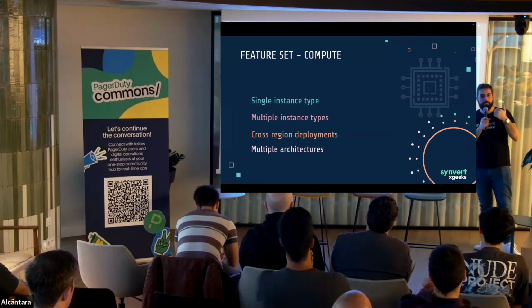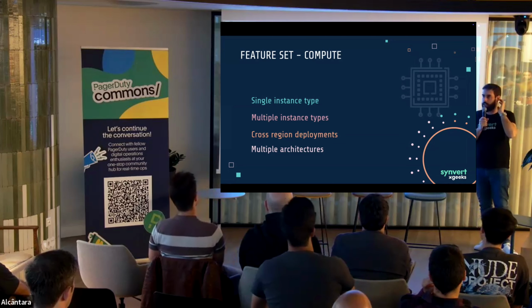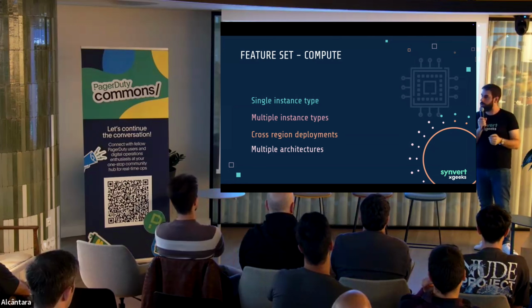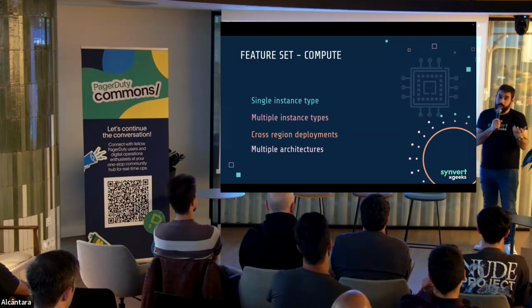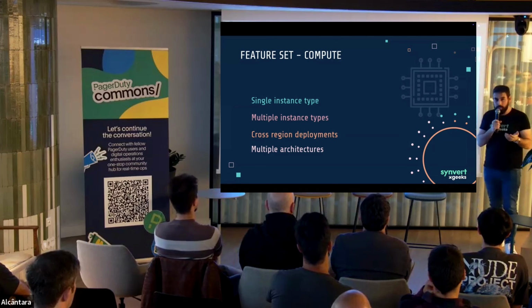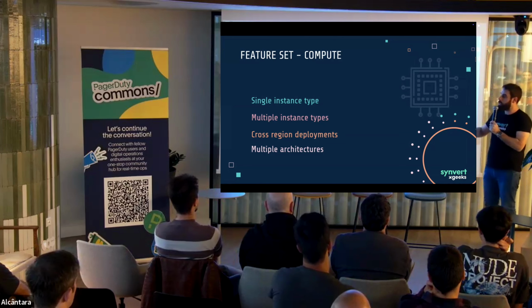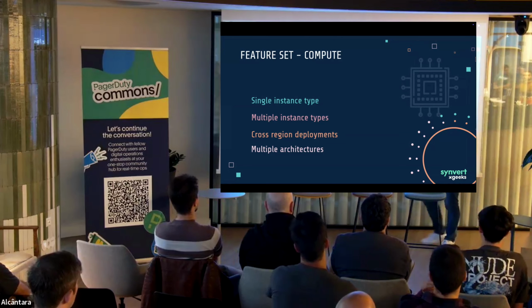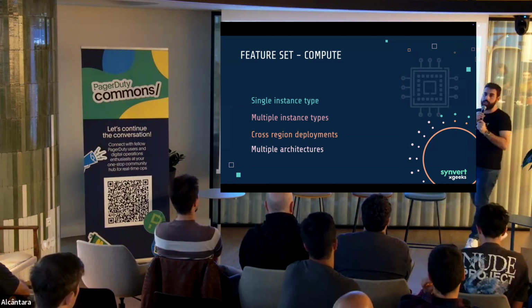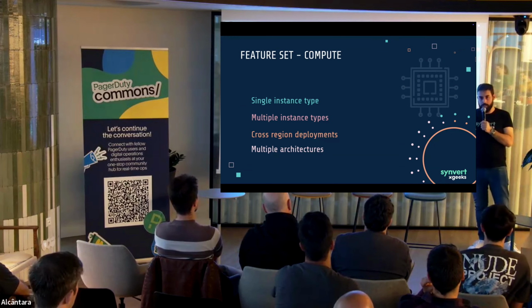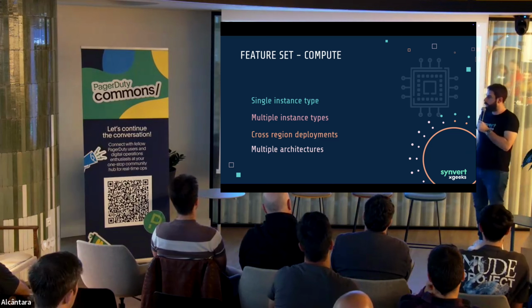But there are some, let me call them crazy guys, that need instances with 1 terabyte of memory, and AWS is not able to provision like 300 of them. So there is a second option, multiple instance types, where you can select, this is the primary one, but if you don't have it, use this one or provide me that one or that one.